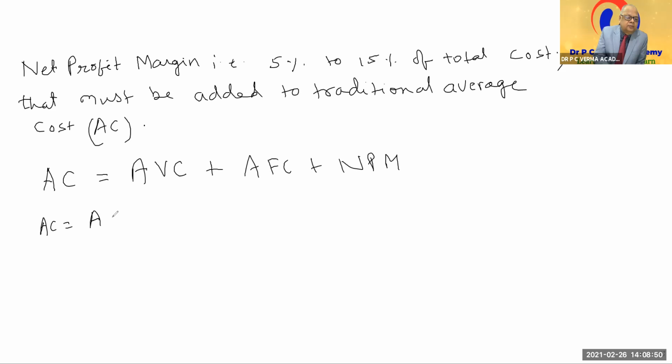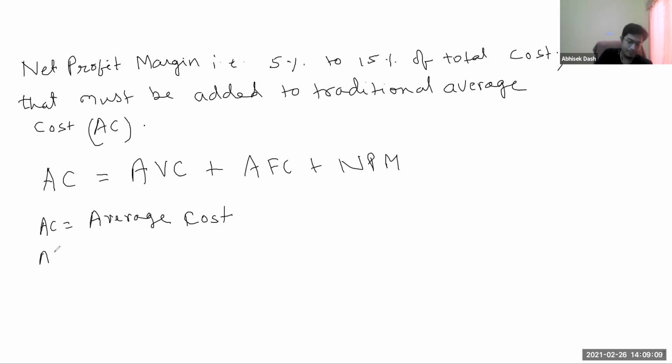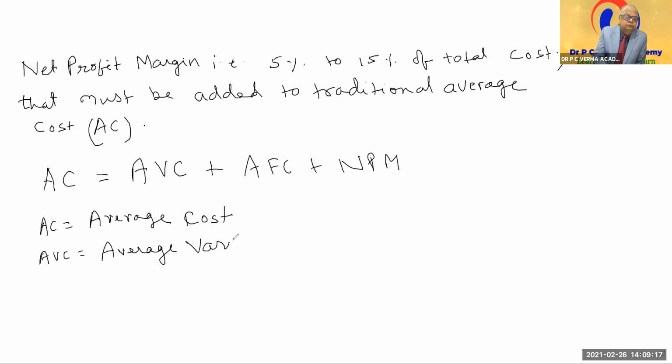AC is average cost. AVC is average variable cost.